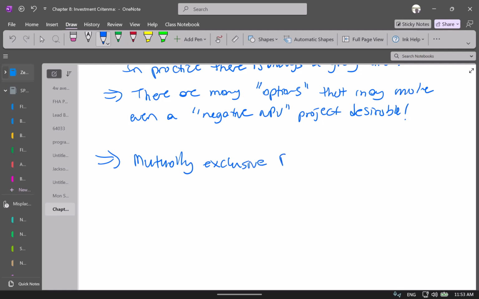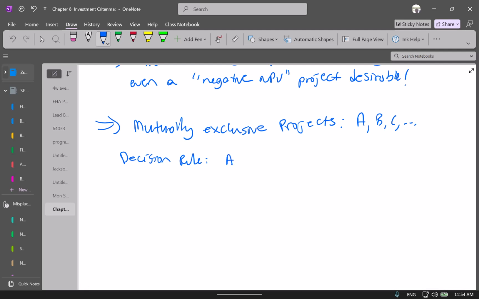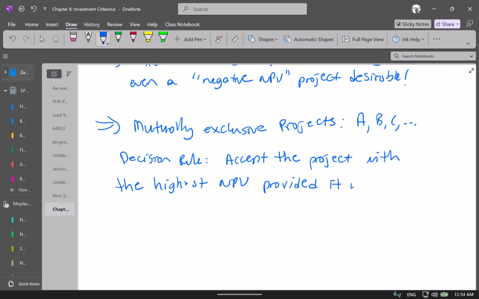Projects, A, B, C, whatever. Okay. Decision rule is: accept the project with the highest NPV, provided it would have been acceptable by its own.